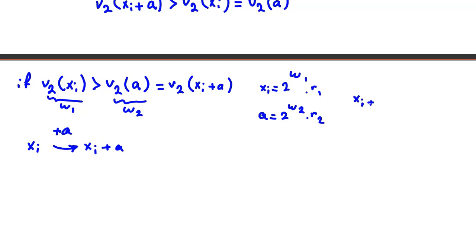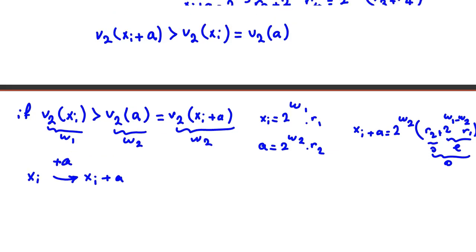So what is xi plus a? 2^w1 and 2^w2, w2 is the smaller one, so we can write 2^w2 r2 plus 2^(w1-w2) r1, all times 2^w2. This part is even, this part is odd, so the sum of them is odd, so we conclude v2 of xi plus a is w2, as I said here.